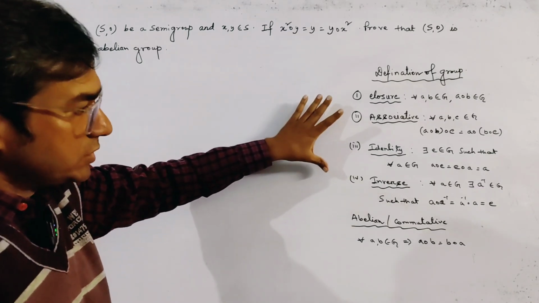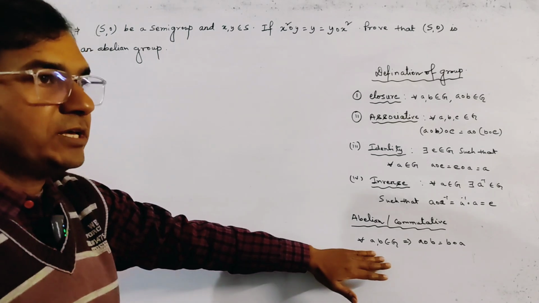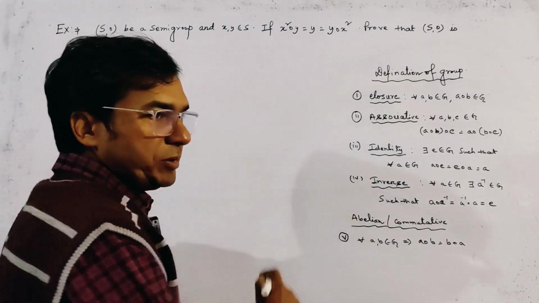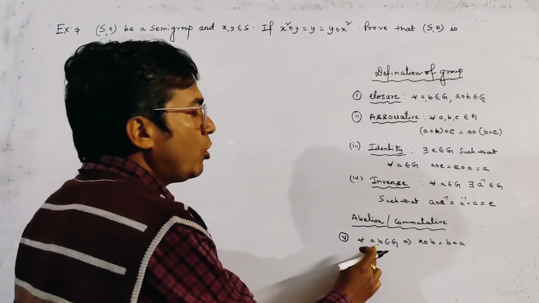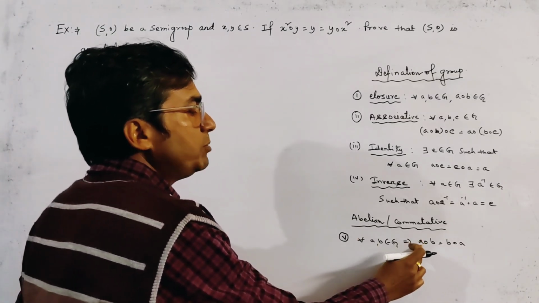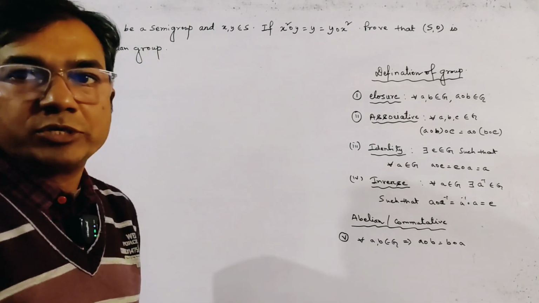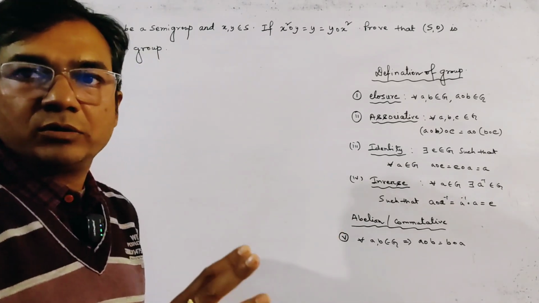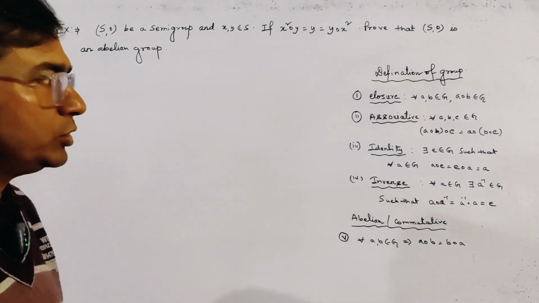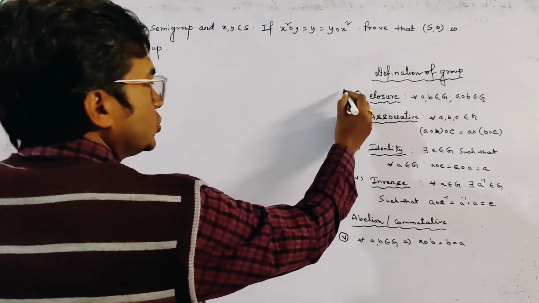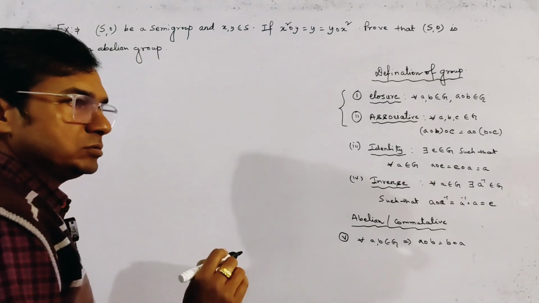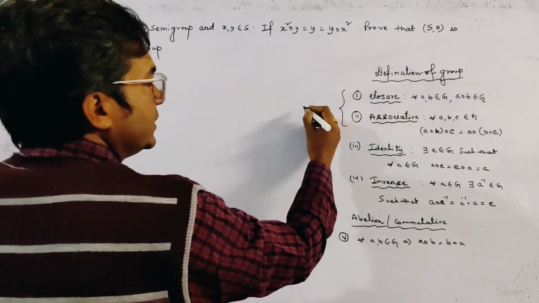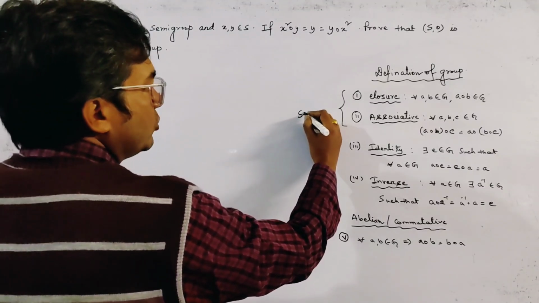Together with them, if the fifth property, the abelian or commutative property, holds, that is, for all a, b belonging to G, a ∘ b equals b ∘ a, then the group is said to be a commutative group or abelian group. If only the first two properties hold for the algebraic structure (S, ∘), then we say this algebraic structure is a semigroup.